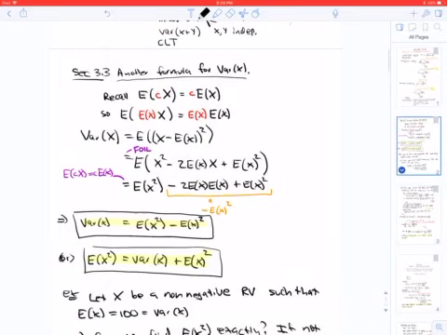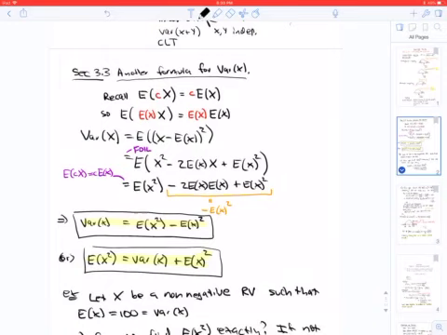So, another formula for the variance of x. Let's first recall that you can pull out constants from expectations. So the expectation of mu times x is just mu times the expectation of x, which is mu squared.